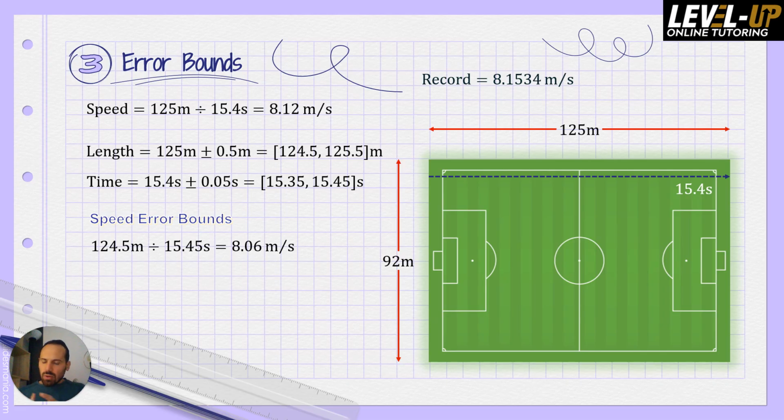So remember what we've seen before. If we're essentially rounding the distance down and we're rounding the time taken up, so the numerator is being made smaller, the denominator is being made bigger. Both of those are going to have the result of making the overall fraction smaller.